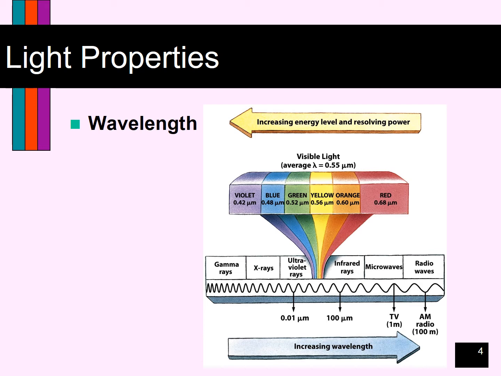I just want to mention that there is one light microscope that uses UV light, and you can see on this figure that the wavelength of UV light is a little bit shorter. And so that would make the R value a little bit smaller, right? So the resolution would be a little bit better with a microscope that is using UV light instead of visible light.